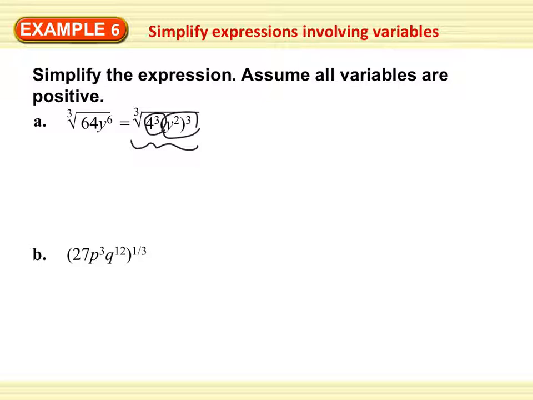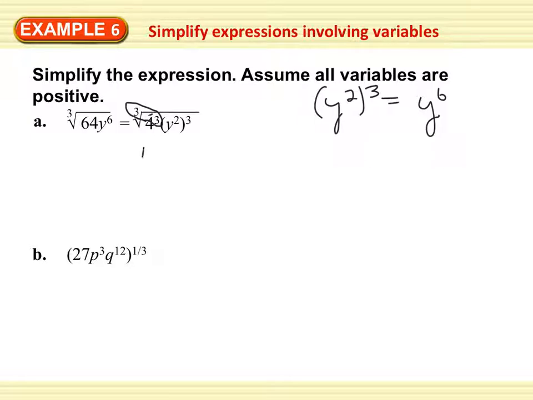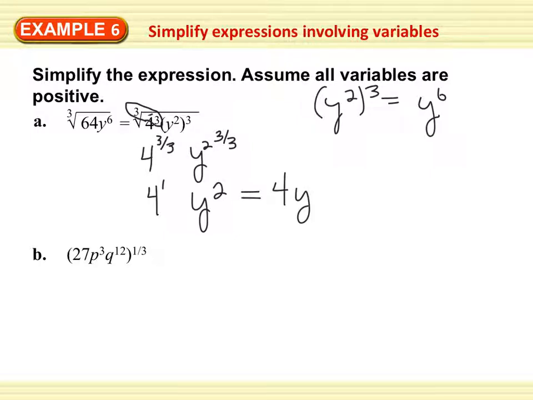If you remember, we've done it a few times now, y squared to the third power is the same as y to the 6th, right? So now, when I have third root of something to the third power, those cancel each other out because it's actually 3 over 3, which is 1, and y squared to the 3 over 3, which is y squared. So we're just going to write simply 4y squared.